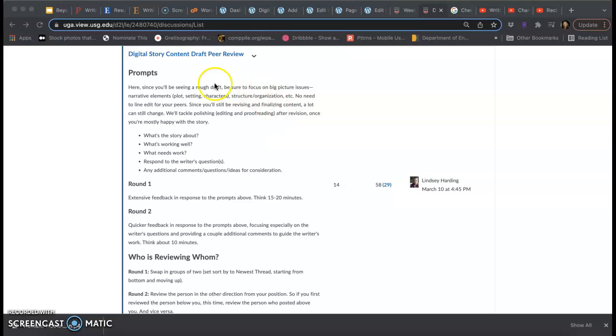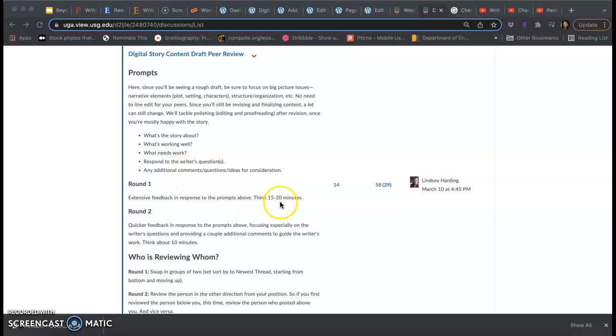At the top here, I shared with students a series of prompts for them to think about when they were engaged in peer review. I also gave some more specific instructions to help them manage their time during this class period. I wanted the first round of peer review in response to the prompts above to be really extensive and comprehensive.